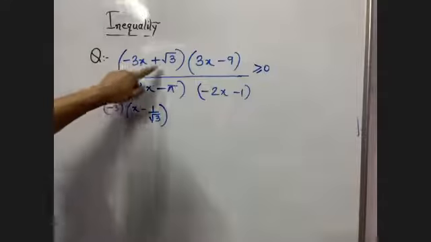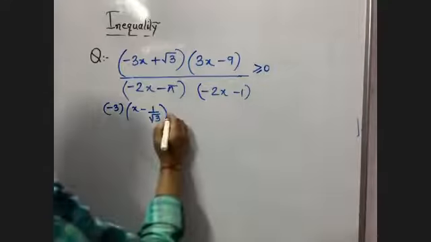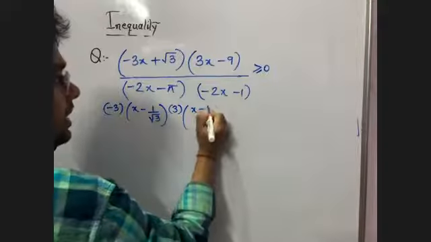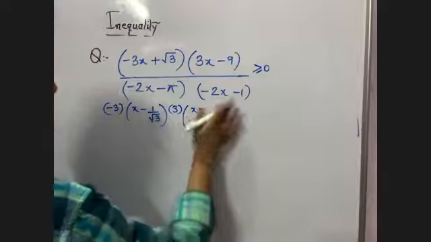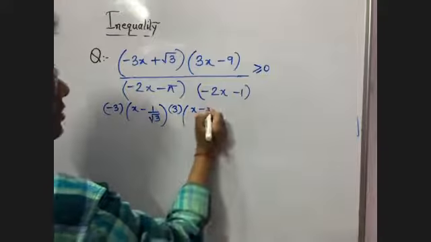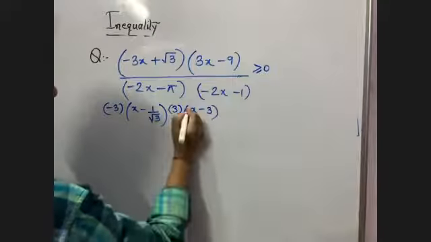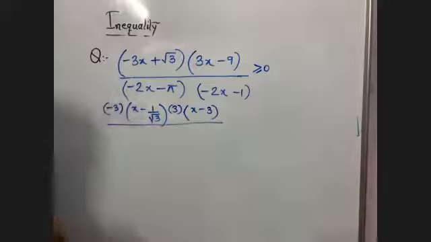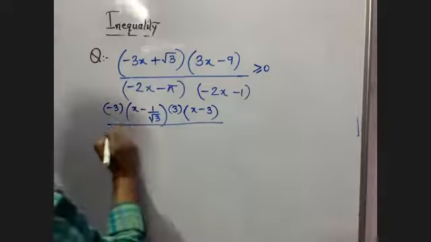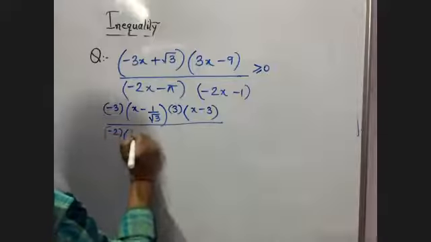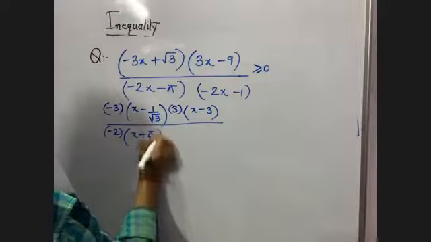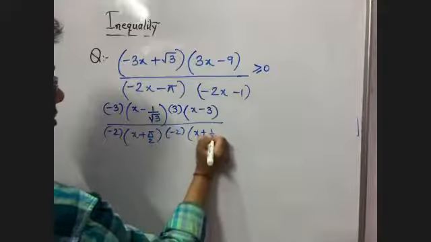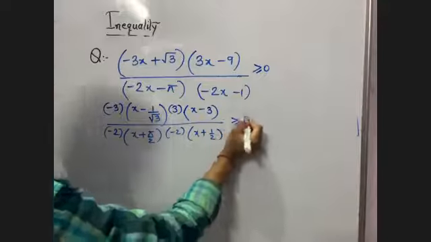Take 3 as common, I will get x minus 9 by 3, that is 3. Now come to the denominator. Take -2 as common, I will get x plus 5 by 2. Take -2 as common, I am getting x plus 1 by 2. It is greater than or equal to 0.